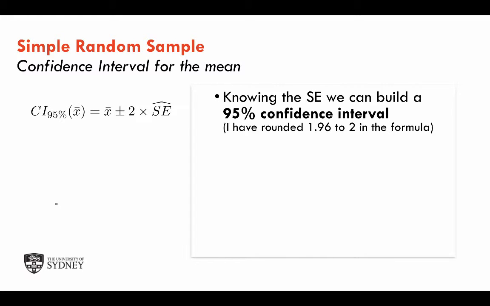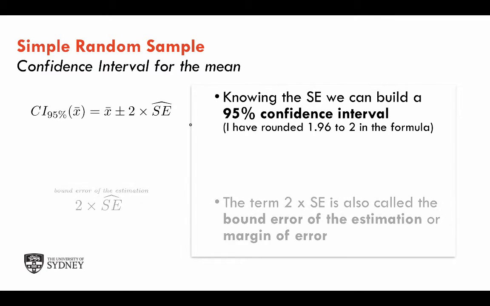Knowing the standard error of the mean allows us now to compute the 95% confidence interval, which is given by the formula sample mean plus minus 2 times the standard error. The term 2 times standard error is also known as the bound on the error of the estimator or the margin of error.